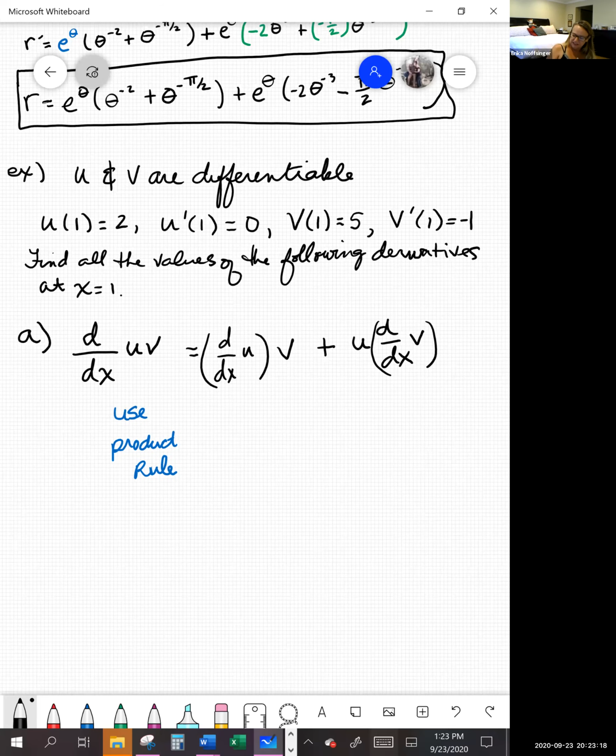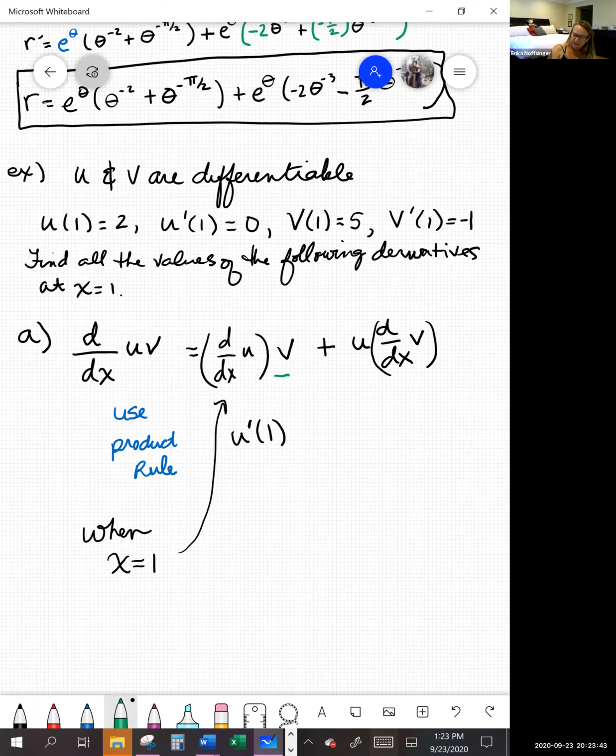So if we look at this, this is now plugging in. Let's look at this one. This is equal to 1. So another way to write this is we're looking at what is u prime of 1.